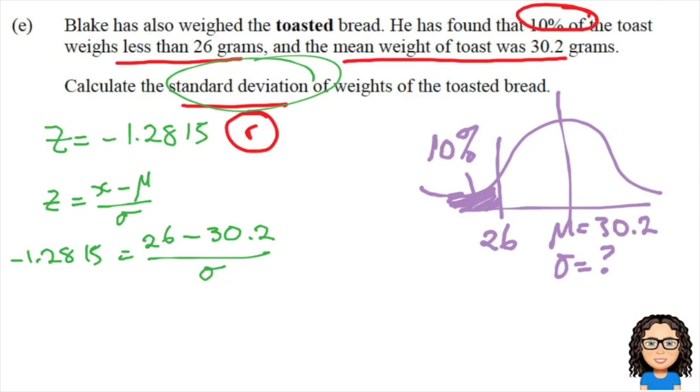So that's the formula that I need to solve now. I'm first of all going to get rid of this divided by standard deviation. The opposite of dividing is times. So I'm going to get negative 1.2815 times the standard deviation equals 26 minus 30.2.